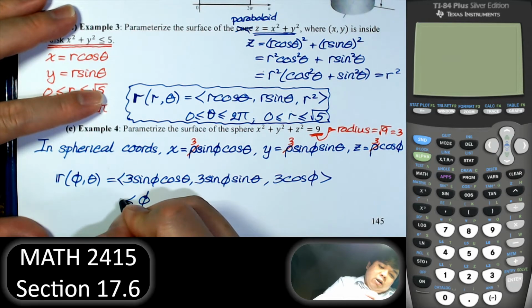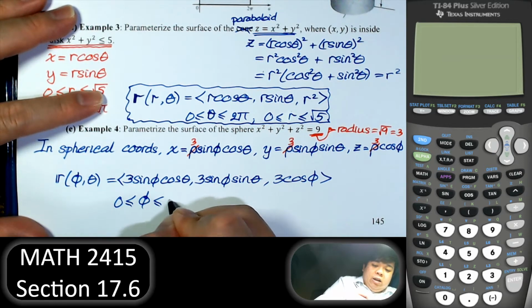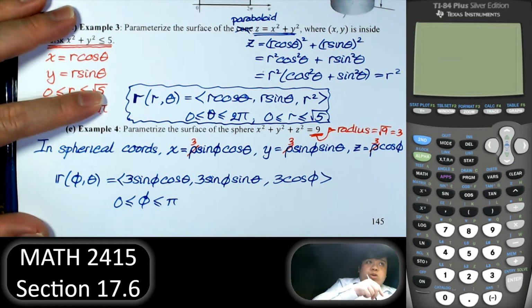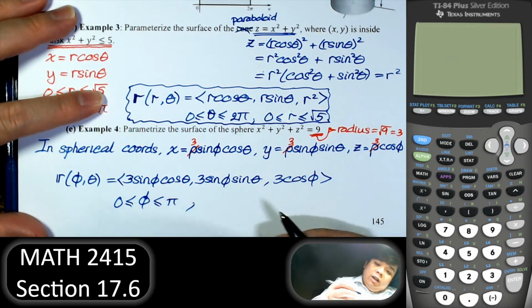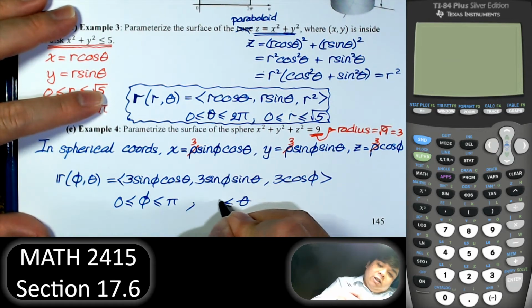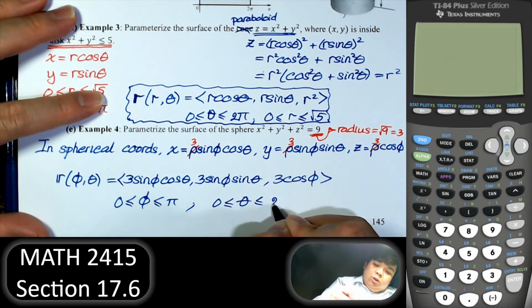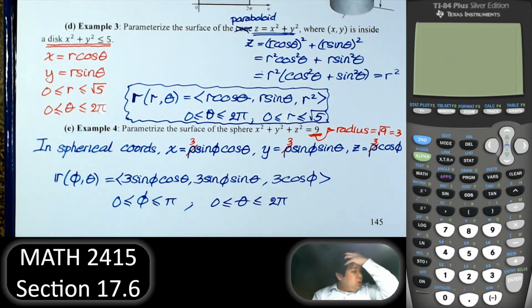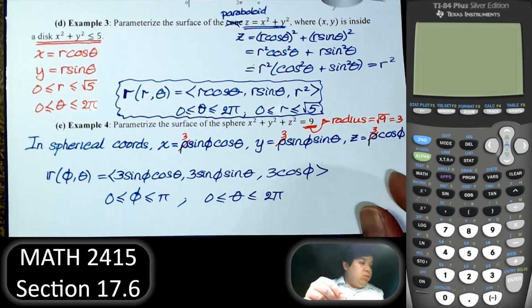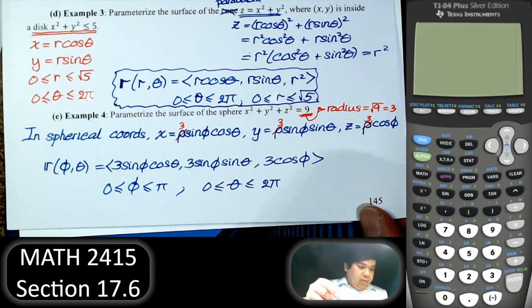Phi standard is between 0 and pi, from the north pole to the south pole, and theta is 0 to 2 pi. Right. So that's how we parameterize the surface. Just like when we do the line integral, the first thing is to parameterize the curve. Now we just need to parameterize the surface. So there's a similar thing there.